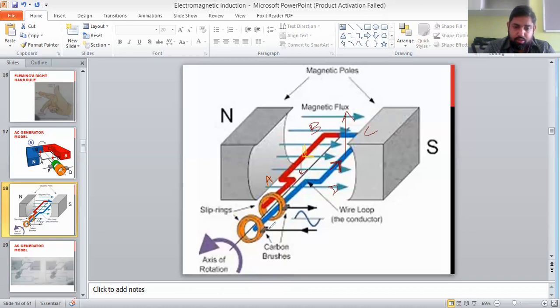Now you can give the direction of current, which is into the first ring and out of the second.